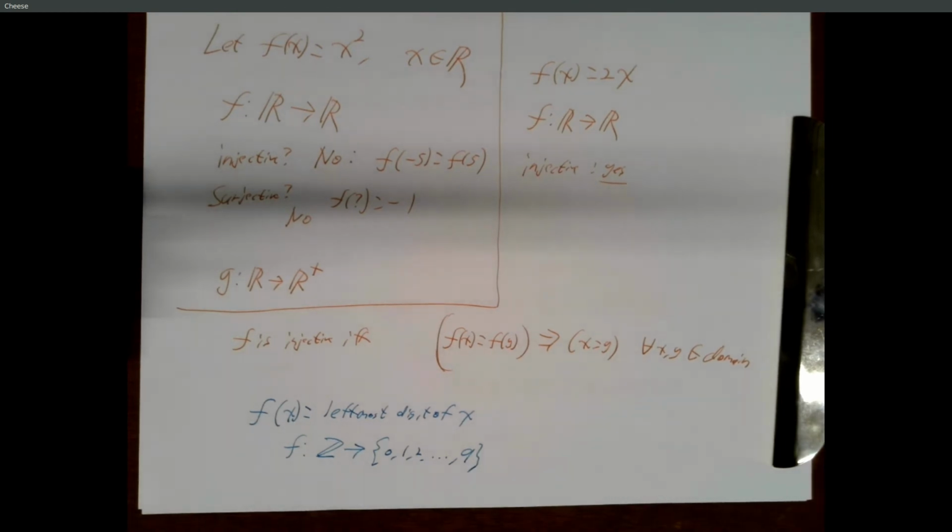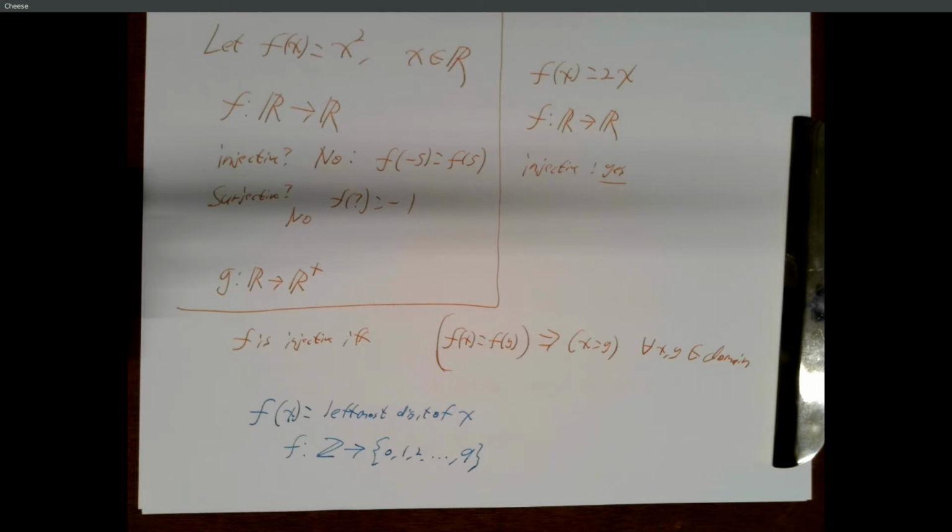So f of 17 is 1, f of 2,512 is 2, f of 800 is 8. It's a perfectly valid function. For any number in Z, I get exactly one number back from f. I get the first digit, first meaning the leftmost.